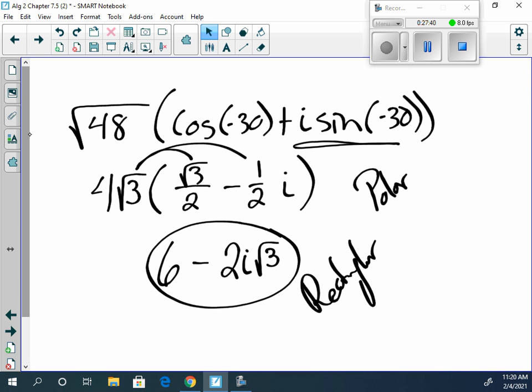It wasn't until I taught this for the first time in trig that I thought, oh, it really is as simple as this. Questions on this here? Did I make it look a little bit easier than what it was? Okay.